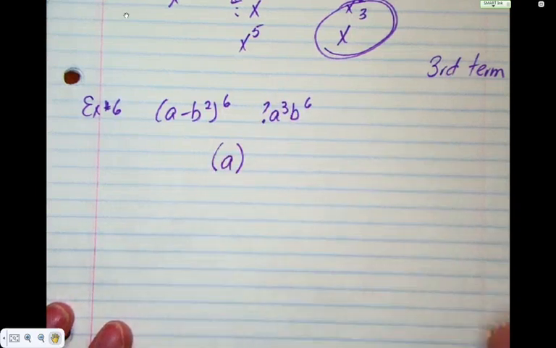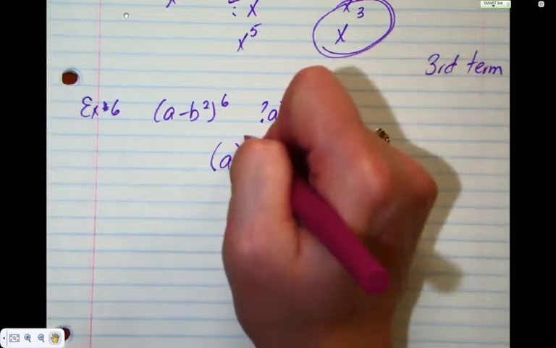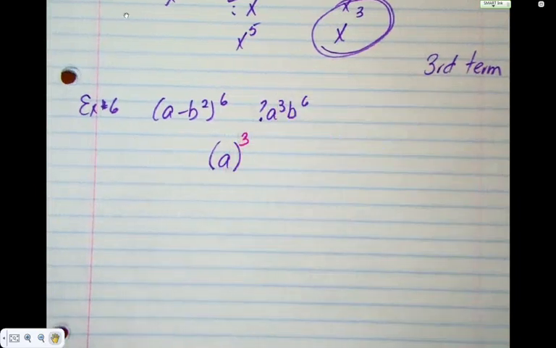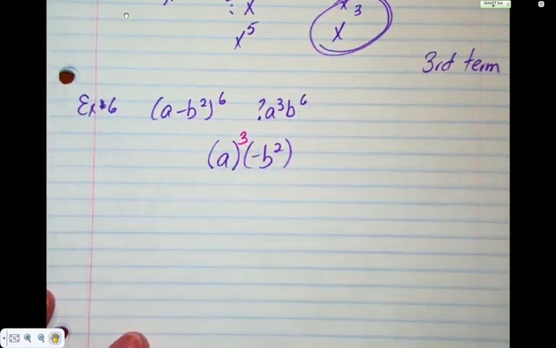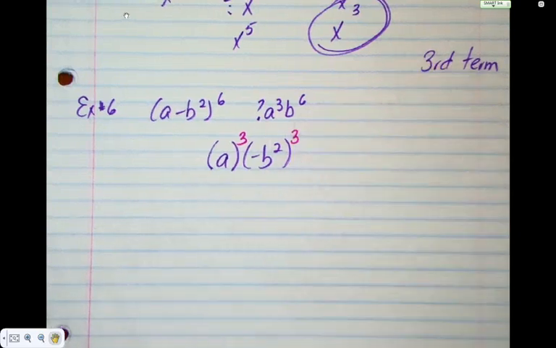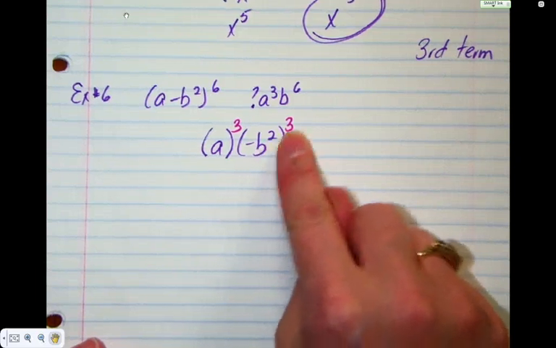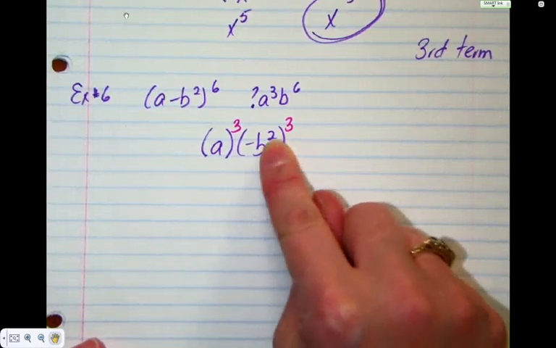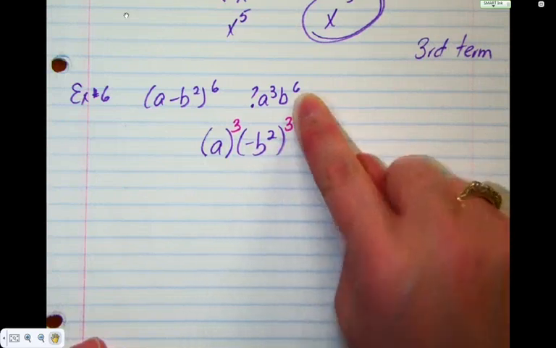Okay, so we know there's an a to the something, and more specifically, the question has told us it has to be 3. We know we're going to have a negative b squared to the something. Why does it also have to be a 3? Because 3 plus 3 equals 6, and we can check if we were to simplify this term, we would have 6, which is what we want up here.